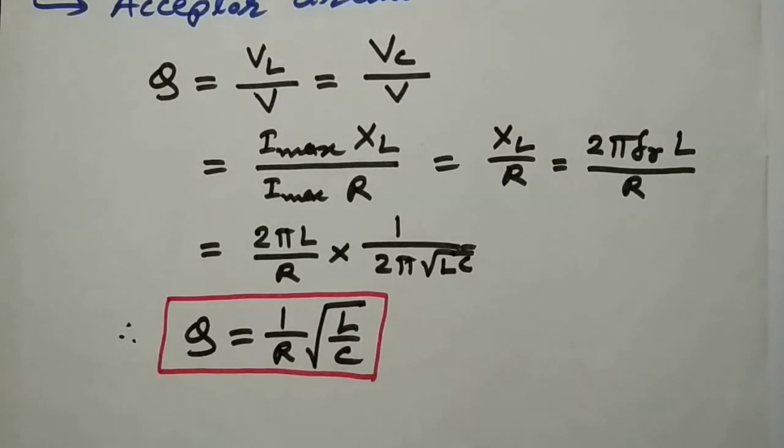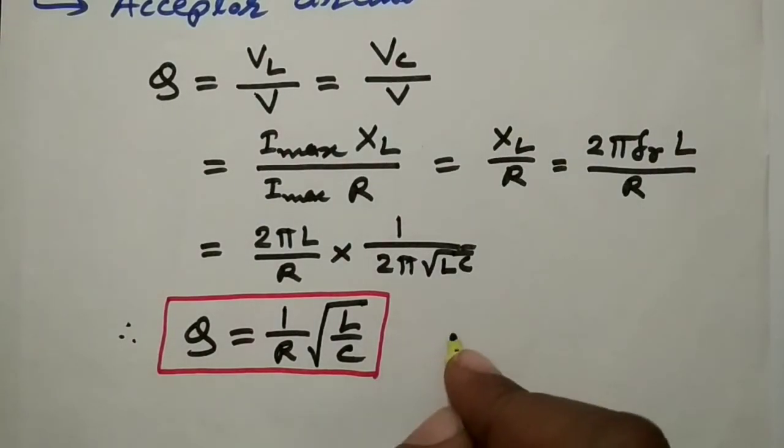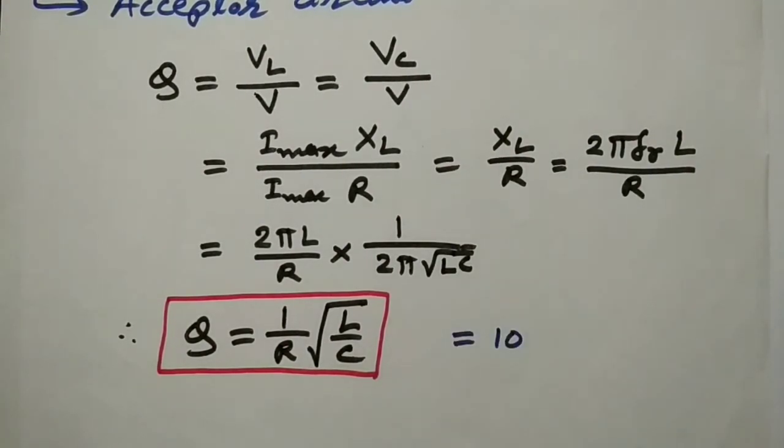Quality factor indicates how much the voltage is magnified. Let's say, for example, the value of the quality factor is 10.